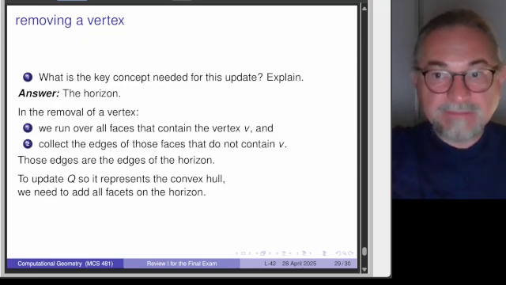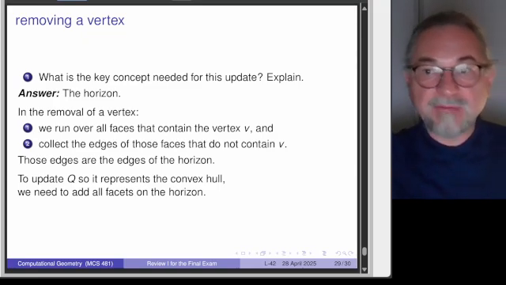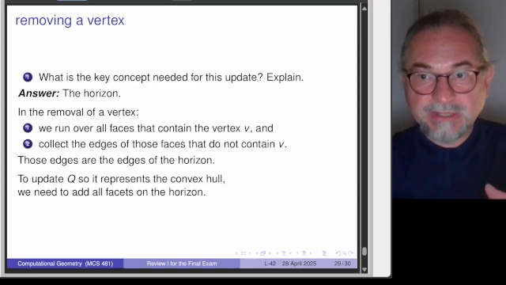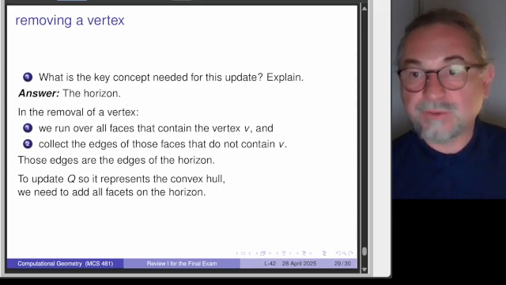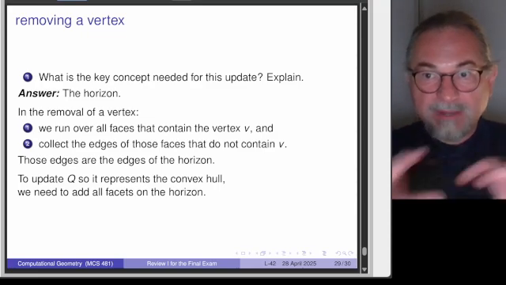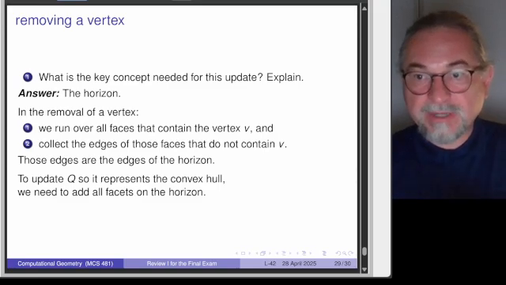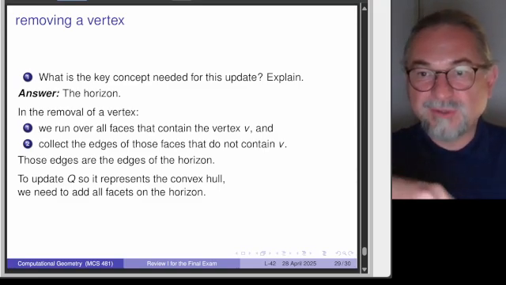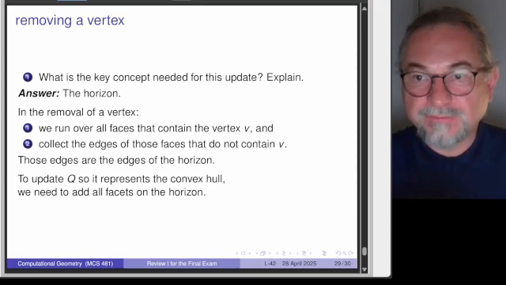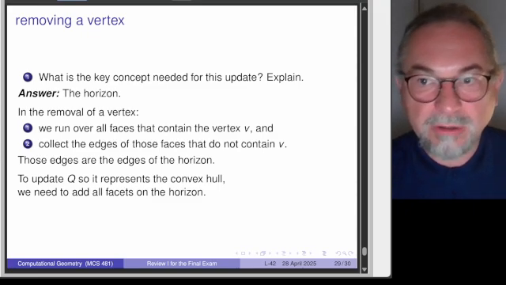So we actually have a sequence of edges, and that will determine the horizon. So this is what is left. No matter which vertex you pick, you can always rotate your polygon so that that vertex is the very top of your convex hull.